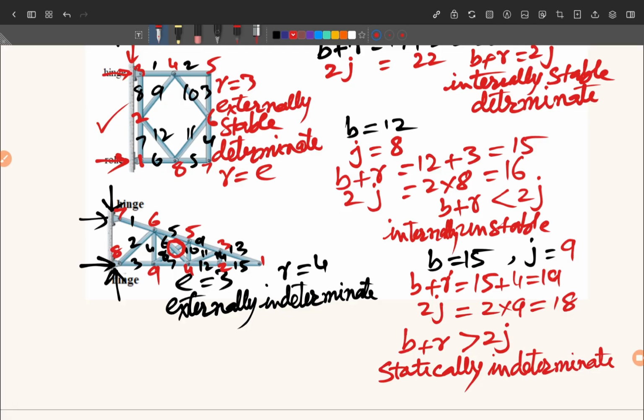If you have not seen it, I advise you to see that previous lecture for stability and determinacy of beams. We can also provide the link in the description for that previous lecture about the beams. I hope this lecture has helped you in learning to determine stability and determinacy of truss.